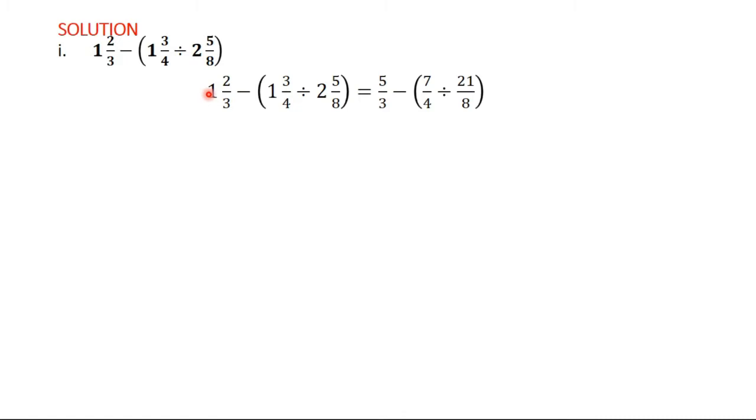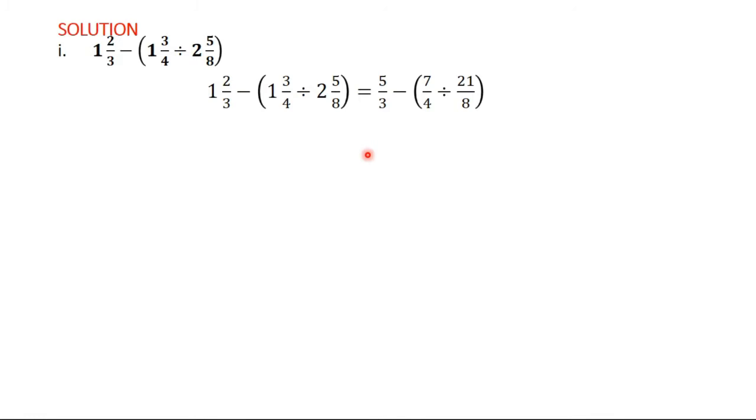If you convert 1 whole number 2 over 3, you are going to have 5 over 3. Then the subtraction is already here, so you bring the subtraction. You convert 1 whole number 3 over 4, you are going to get 7 over 4. You have division here, so you bring the division. Then you convert 2 whole number 5 over 8, you are going to get 21 over 8.